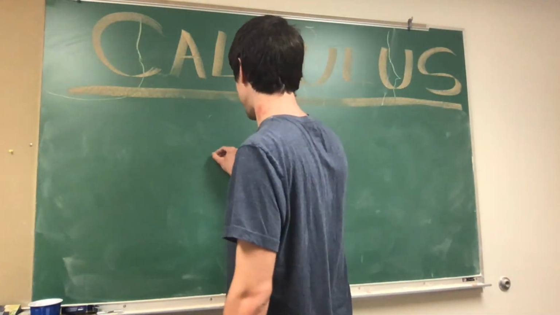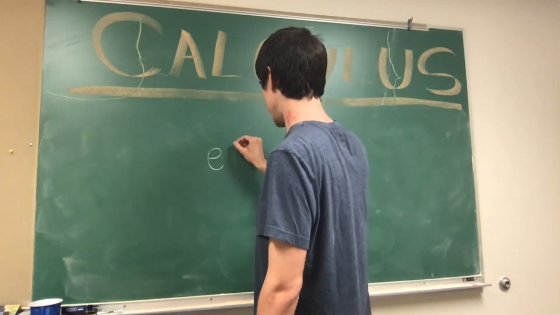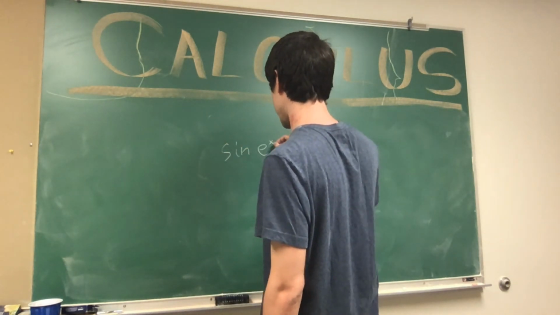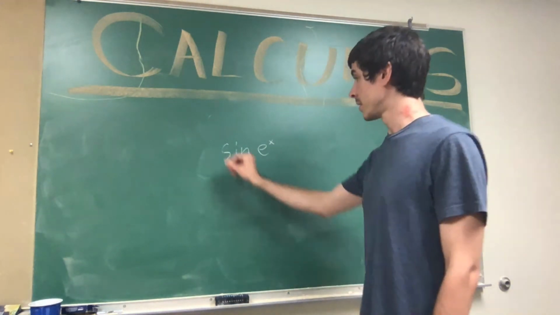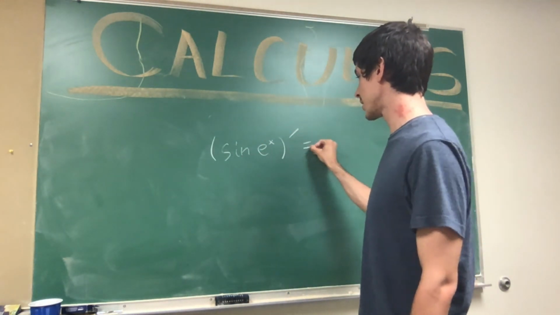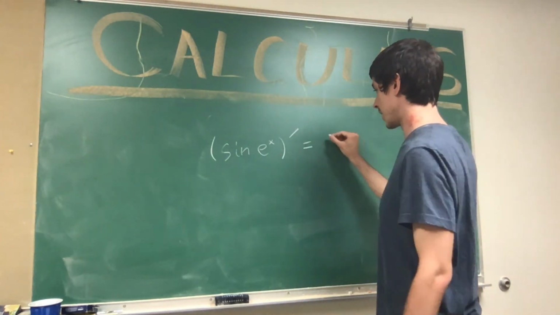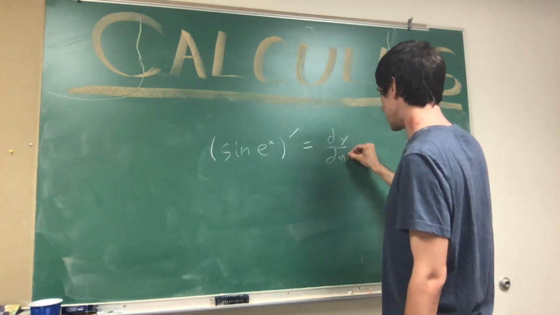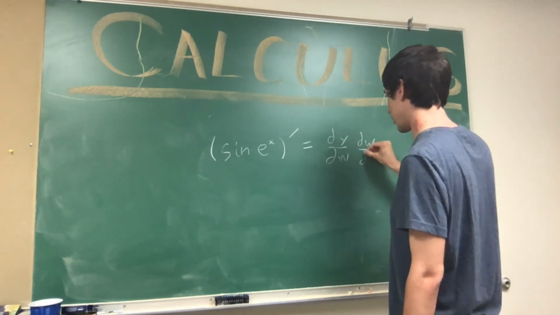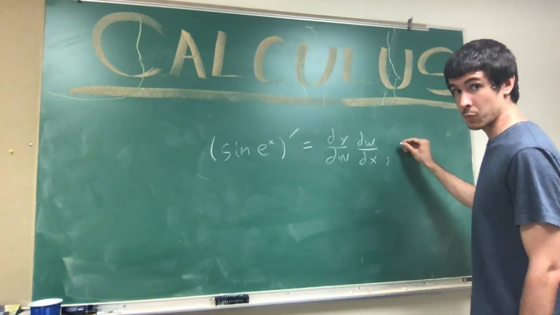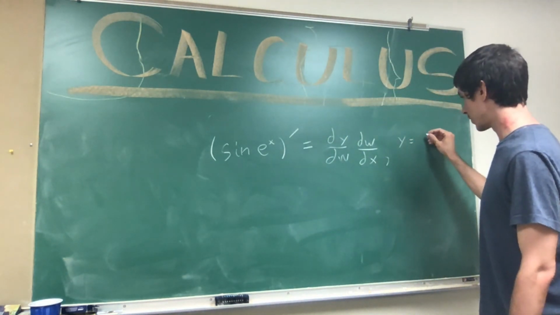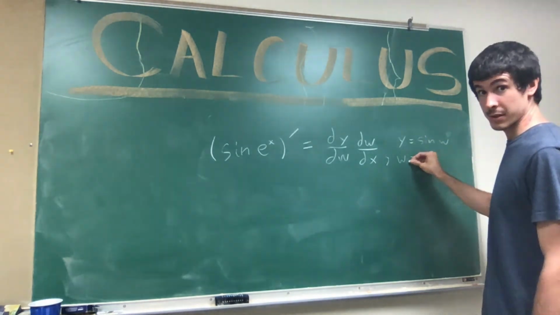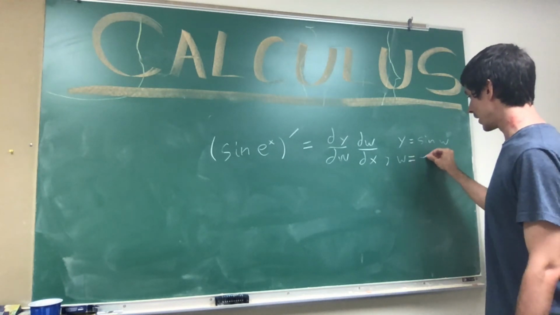So say you have sine of e to the x, and you take the derivative of this. It's going to equal dy over dw times dw over dx, where y equals sine of w, and w equals e to the x.